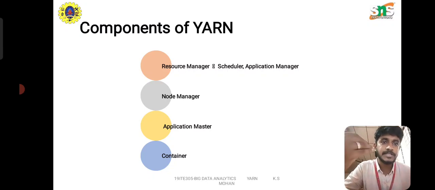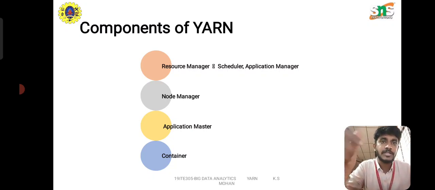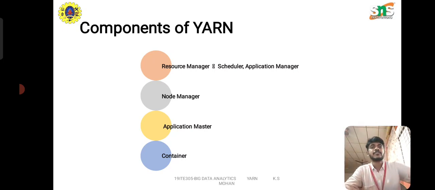We are majorly talking about the big data analytics Hadoop ecosystem, how YARN is included in it, and what the components and other features of YARN are. The main component is the resource manager, with the scheduler scheduling tasks, and the application manager, node manager, application master, and container.